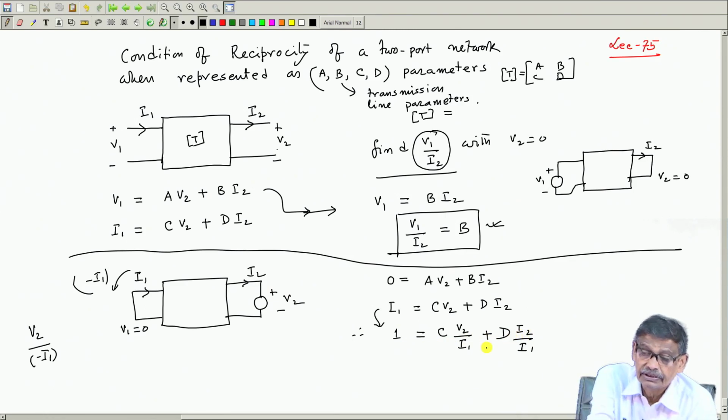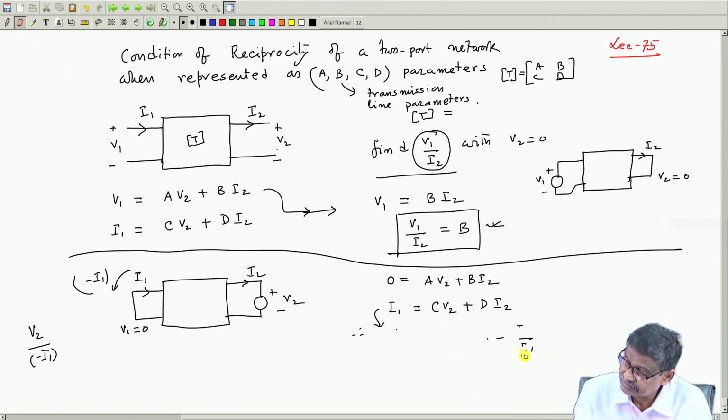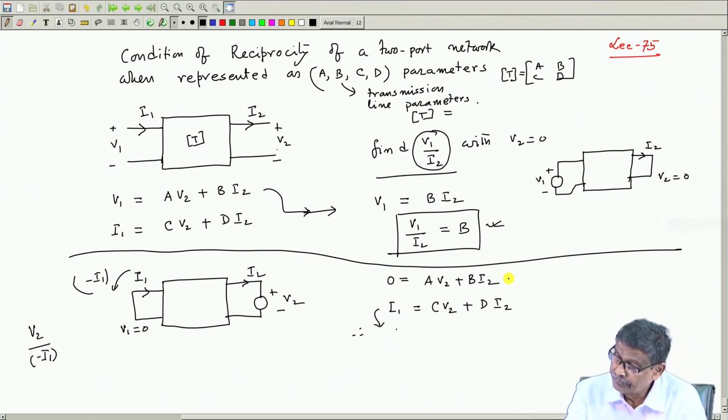So, what I will do is this, instead of dividing first, I will represent this I2. First let us see, in this equation V2 by I1 is necessary. So, from this equation I will find out I2 as minus A by B into V2.